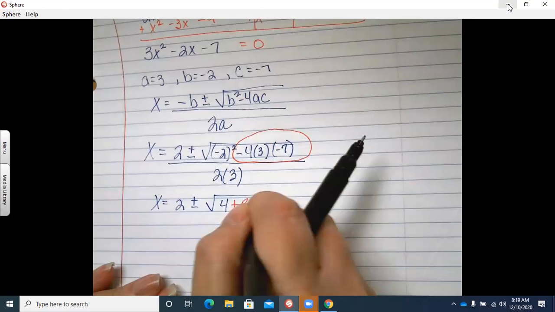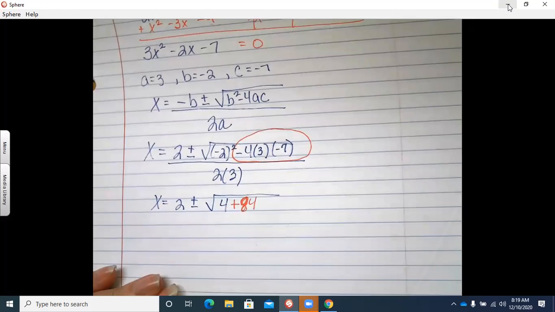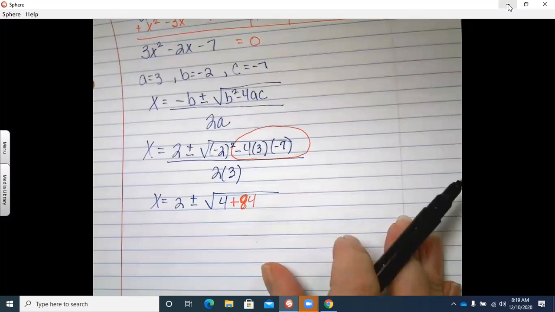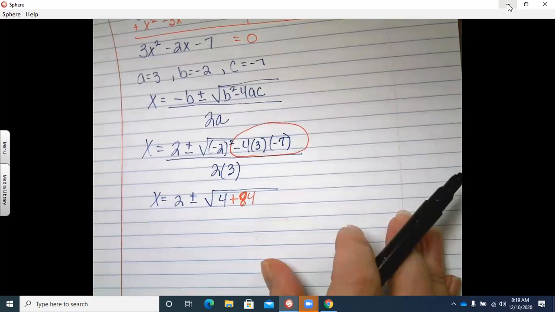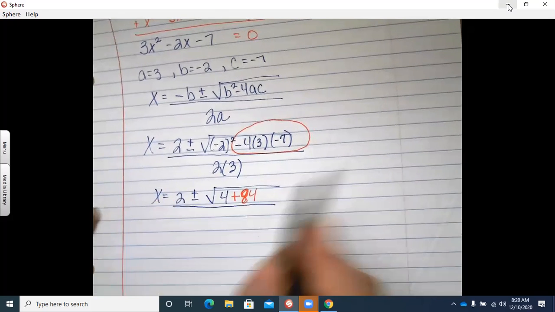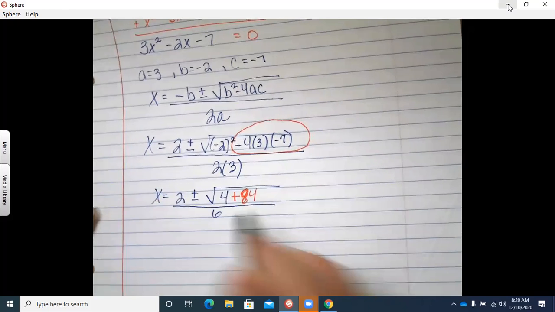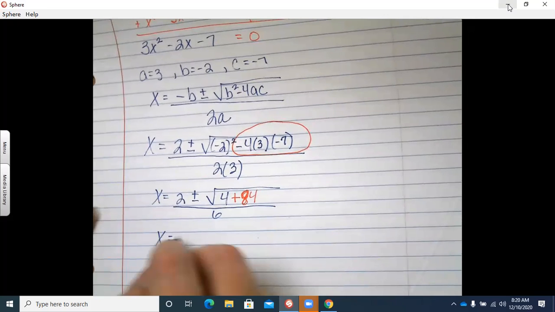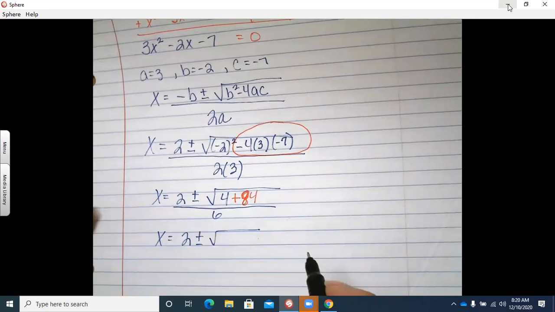It's not always subtract. Negative 4 times positive 3 times negative 7, that sign changes to positive. Some of y'all put negative no matter what, and it's not always the case. Be careful on that. 2 times 3 is 6. Any questions so far? So we have x equals 2 plus or minus the square root of 88, quantity divided by 6.